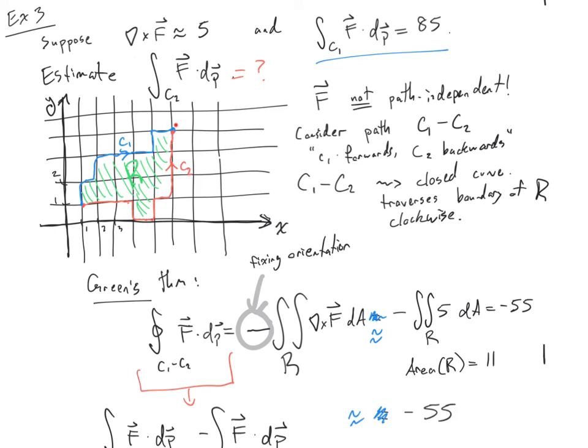So if you walk along C1 and you realize you have 85 flow along C1, then that's giving 85 rotation in that direction. But this is saying, oh, but actually if you flow along C2, you get 145, or what was it, 140 flow in that direction.